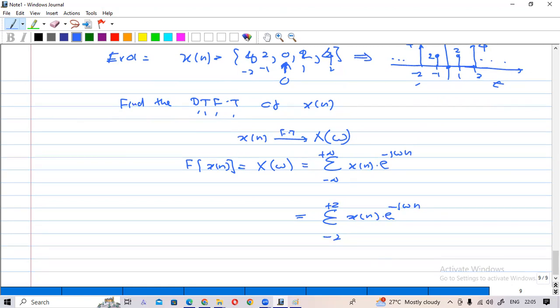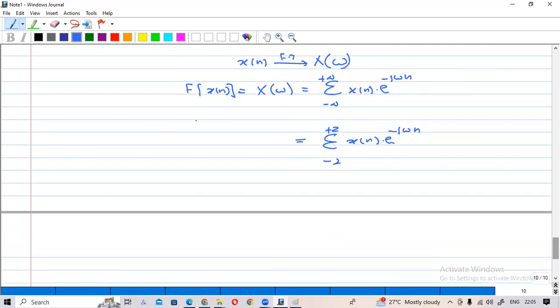So what is the Fourier transform? Very easy. It will be X(omega), a function of omega. Normally this Fourier transform we denote with a capital X, the frequency domain signal.